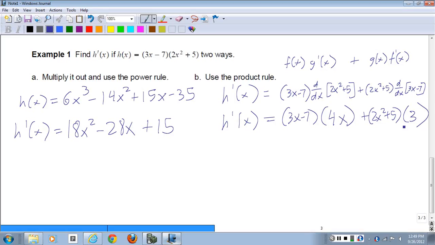So we have the derivative, we just want to be able to compare it to the other one. So let's simplify, combine like terms. H prime of x, if I distribute the 4x across the parentheses, I get 12x squared minus 28x plus 6x squared plus 15.